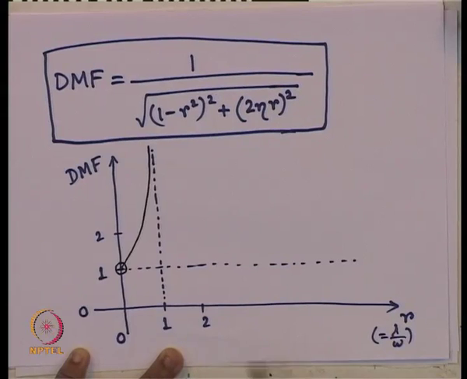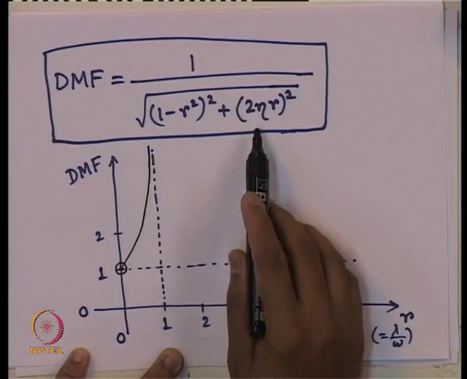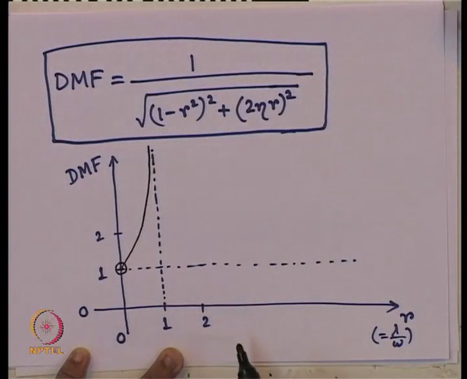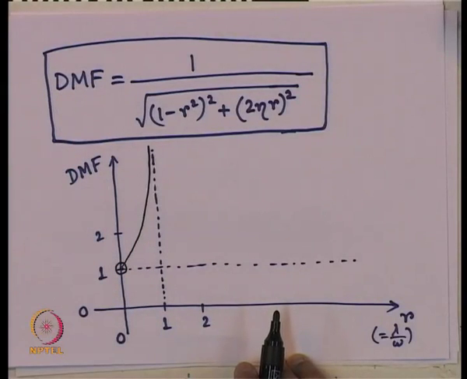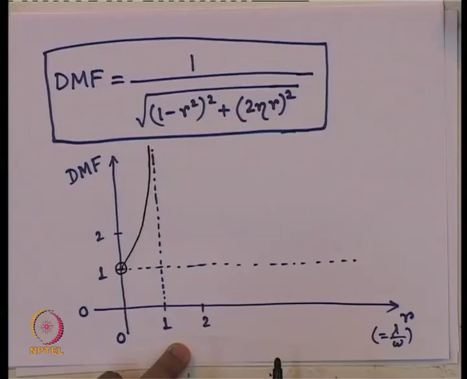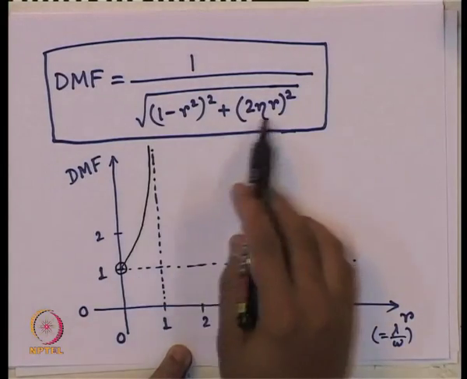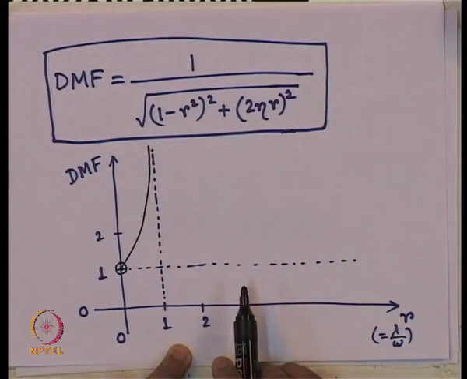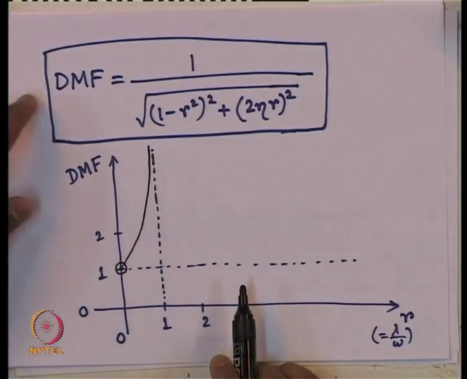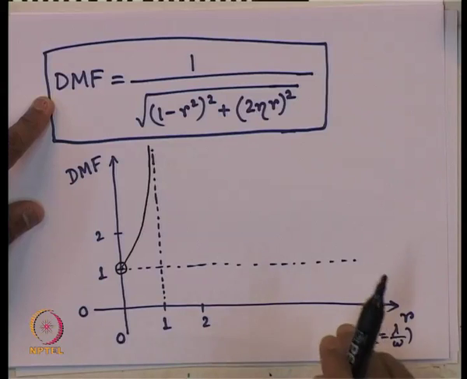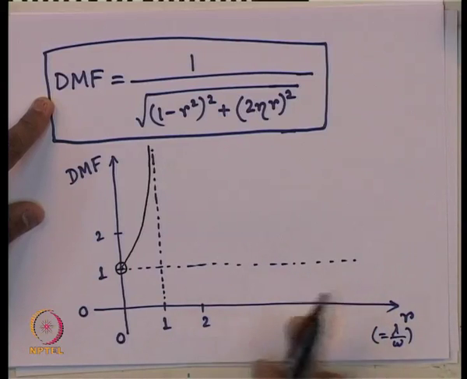And let us look at what happens when r is very, very high and eta is 0. What will happen to the value of DMF? R tends to infinity. If I put r tends to infinity in this expression, what will I get? This will be 1 by infinity, meaning DMF will approach 0 with a very high value of r.